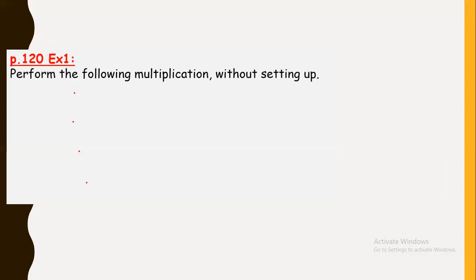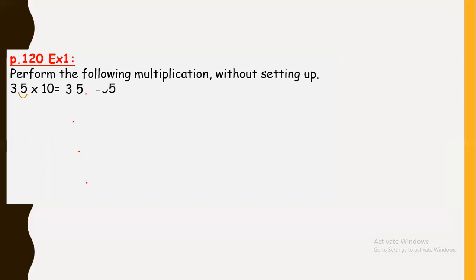Now let's do exercise 1, page 120, the first column. Perform the following multiplication without setting up. 3 and 5/10 times 10. The 10 has 1 zero, so we move the decimal point 1 digit to the right.